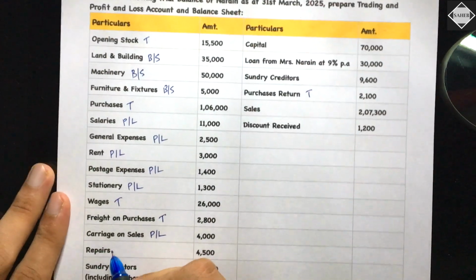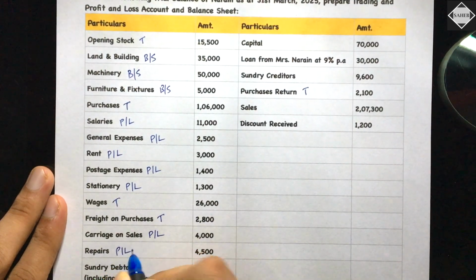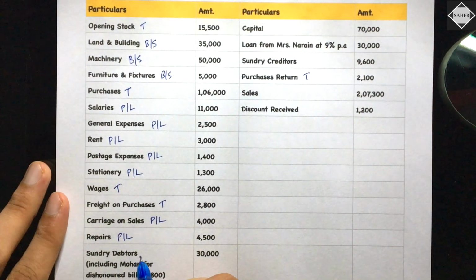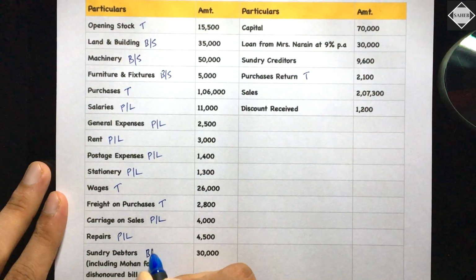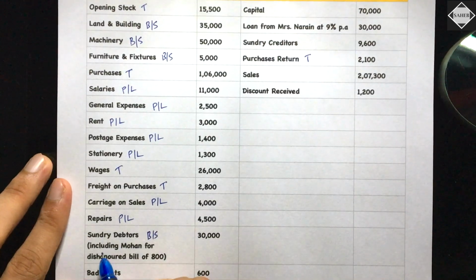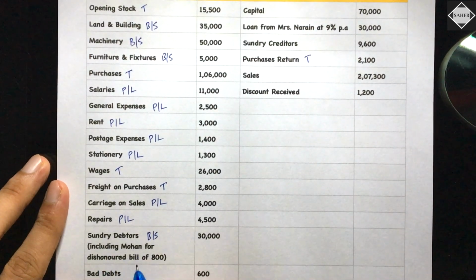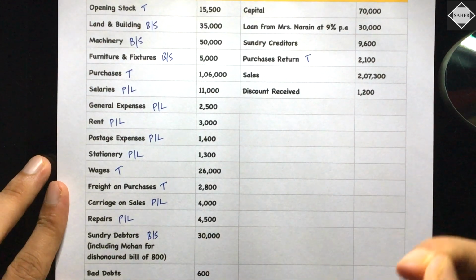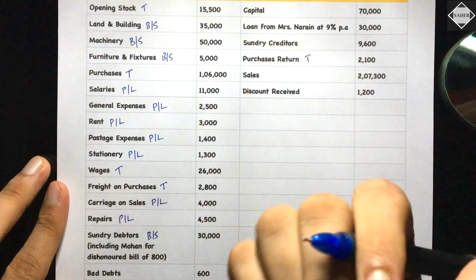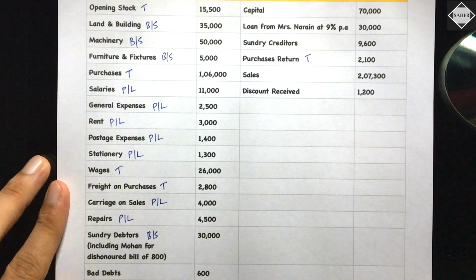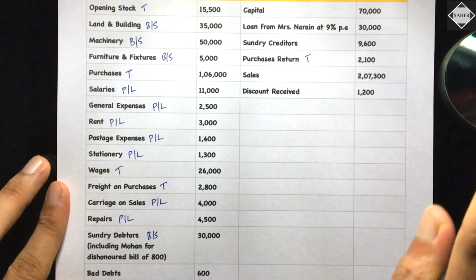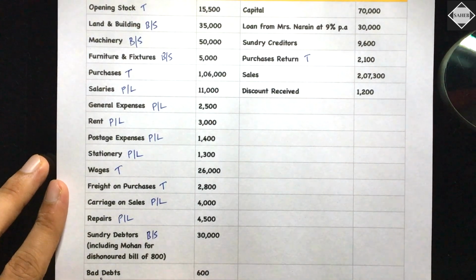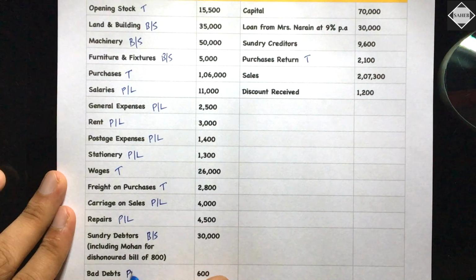Then repairs also P&L. Then we have sundry debtors will go in balance sheet. In the bracket what they are saying, including Mohan for dishonored bill of 800. It means that we have to receive 800 from Mohan and this is included in this. Is that clear? Okay. Then bad debts will go in P&L.